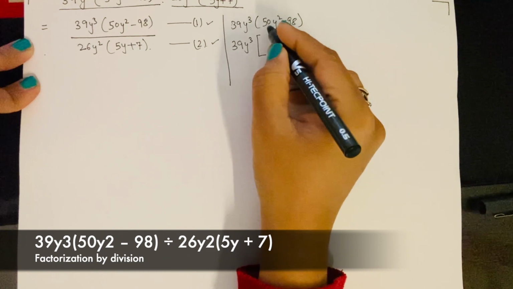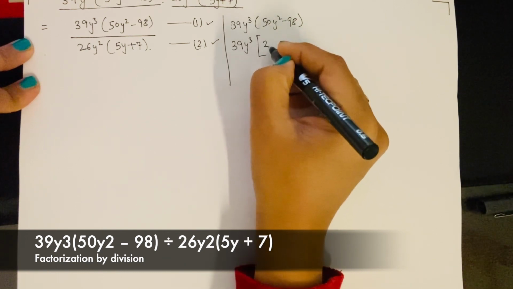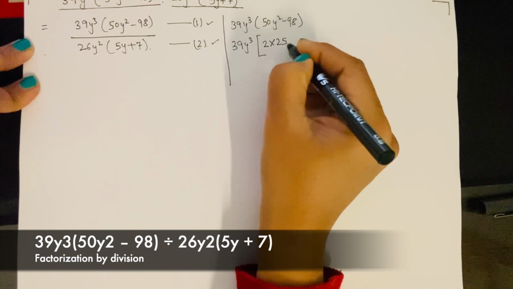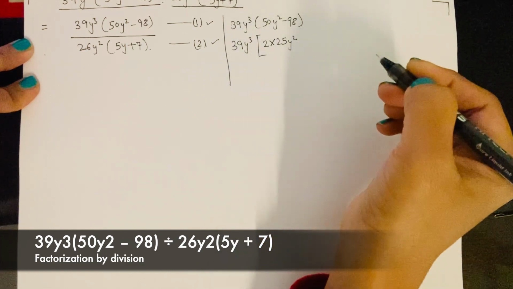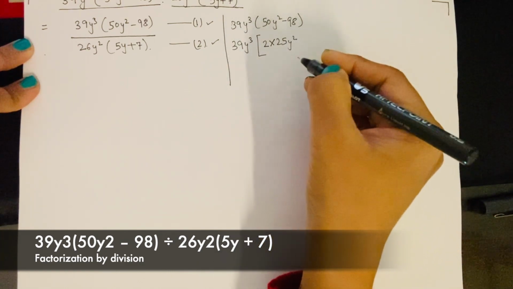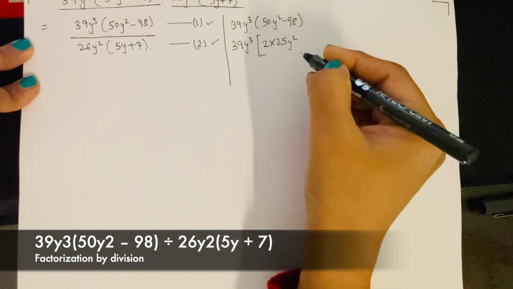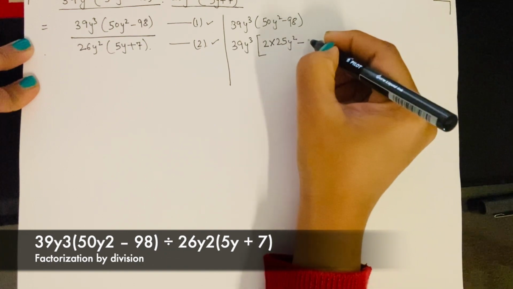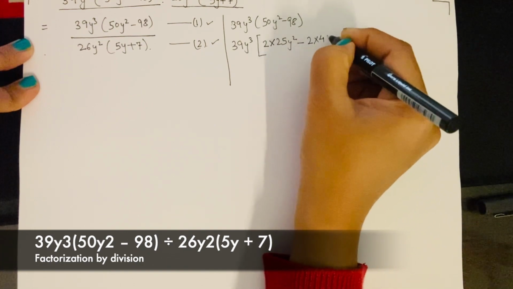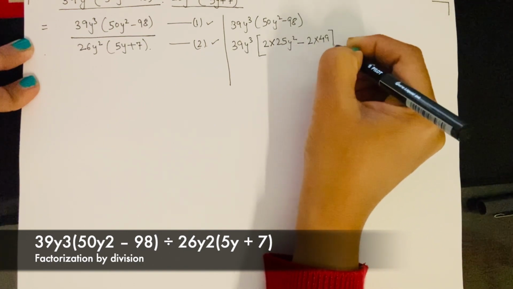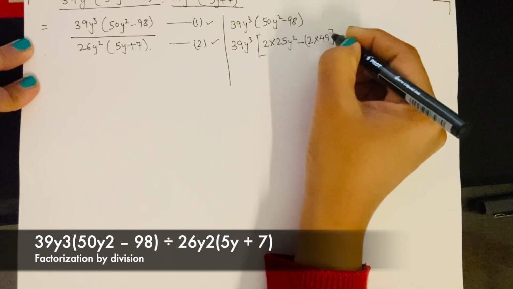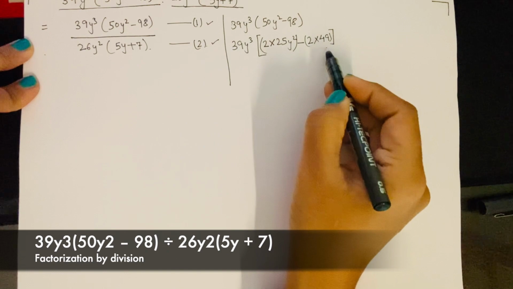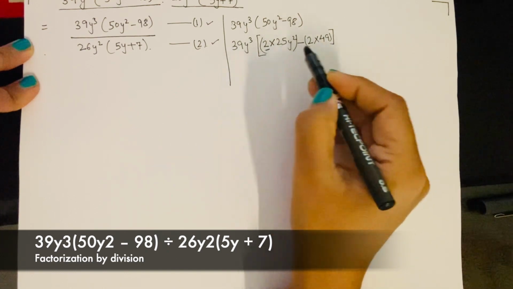So let's factorize it first. Make it as 2 multiplied by 25 y square, minus 2 multiplied by 49. We always factorize in order to make the equation easier to solve. Here we can take out 2 as the common factor.